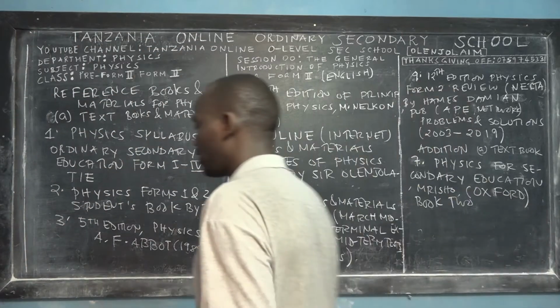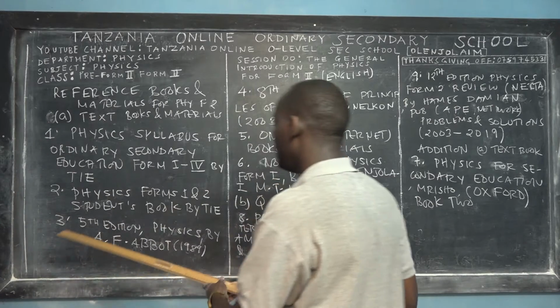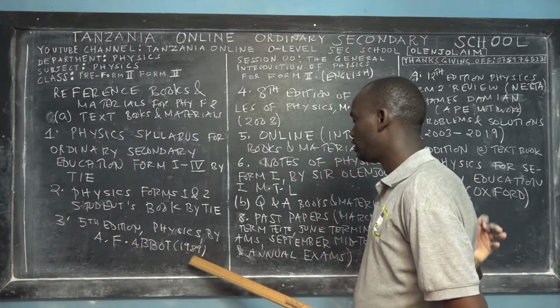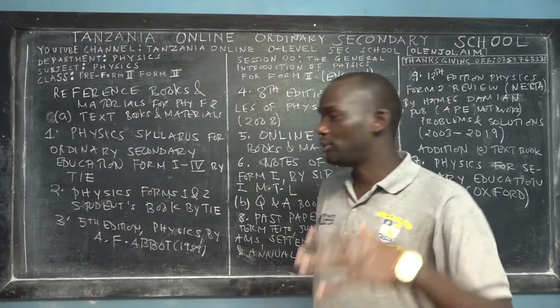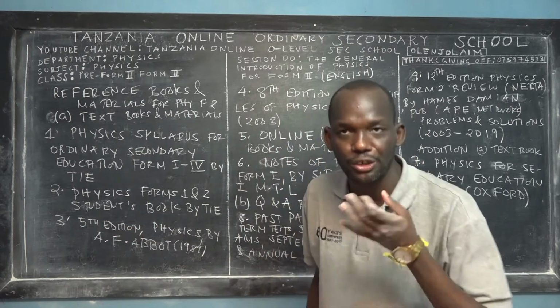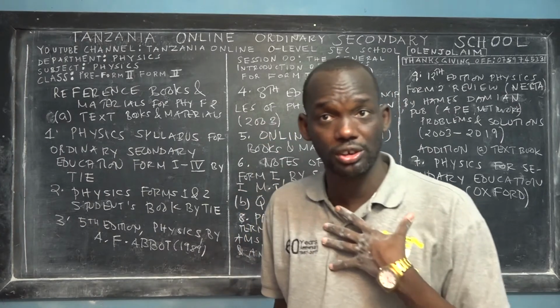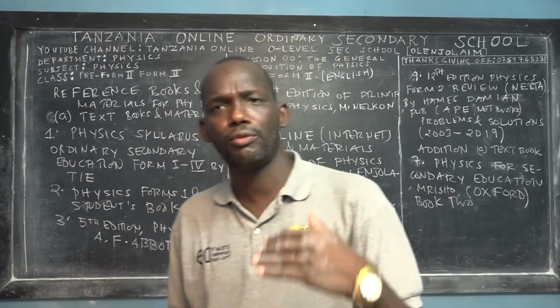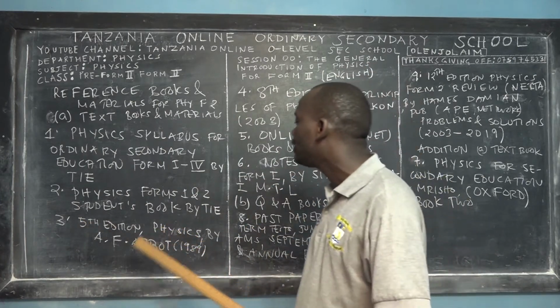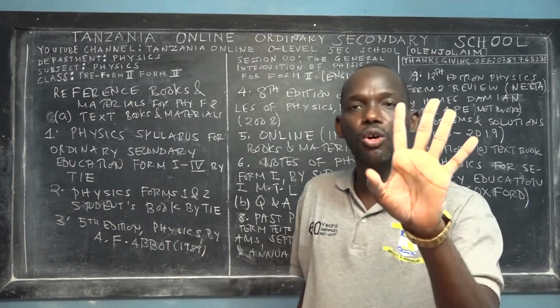Then the next reference book, which is number 3, is the 5th edition of Physics by A.F. Abbott. This has been out since 1989. Let me explain. This book is famous by the name Abbott Physics. I used it myself to learn physics for Form 1, Form 2, Form 3, and Form 4. The goodness of this book is that it contains many topics in all the 4 classes.